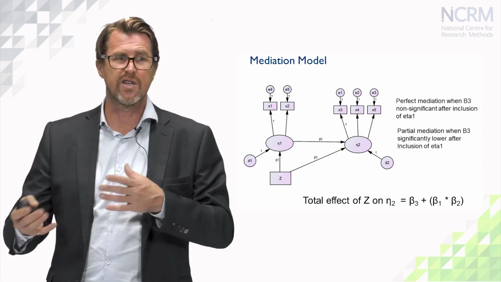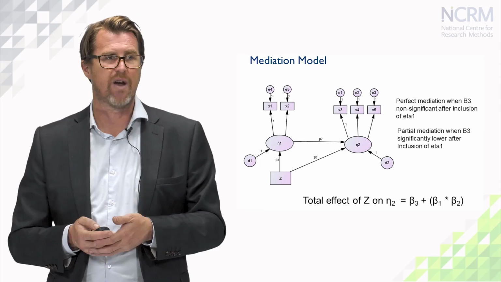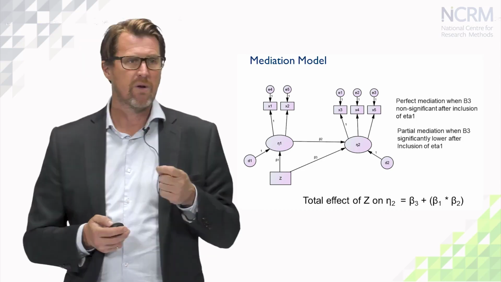So we can get different patterns of understanding of an effect of one variable on another by looking at these different effect parameters. We sometimes distinguish between partial and perfect mediation.